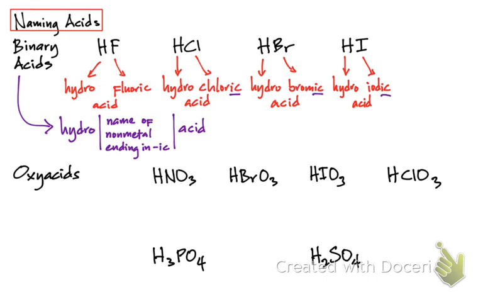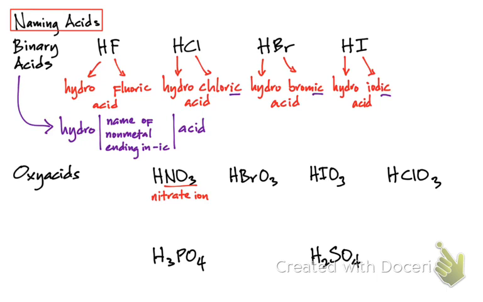For the second type of acid, it's a little bit more challenging. So you have HNO3, HBrO3, all the way down to H2SO4. So how would we name these acids? Whenever you're naming an oxyacid, you can tell that it is an oxyacid because it contains oxygens.